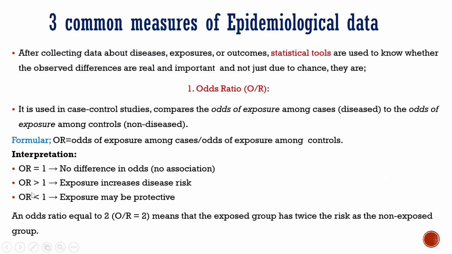And when the odds ratio is greater than 1, that means exposure to that particular factor increases the disease risk. But if the odds ratio is less than 1, that means exposure may be protective. So let's say, for instance, we calculated an odds ratio and it is equal to 2, which means that the exposed group has twice the risk of the non-exposed group. I hope you understand this.